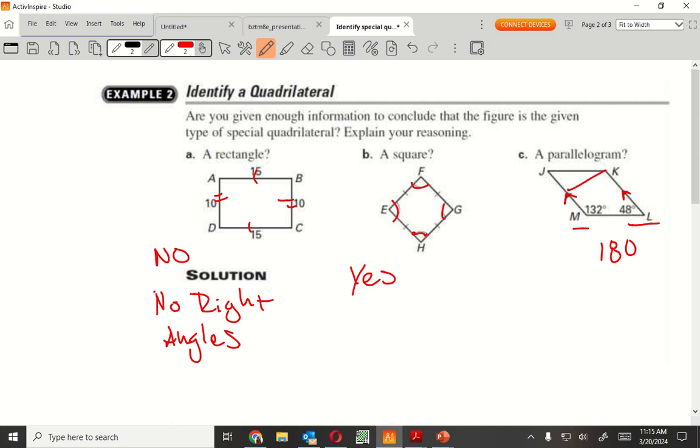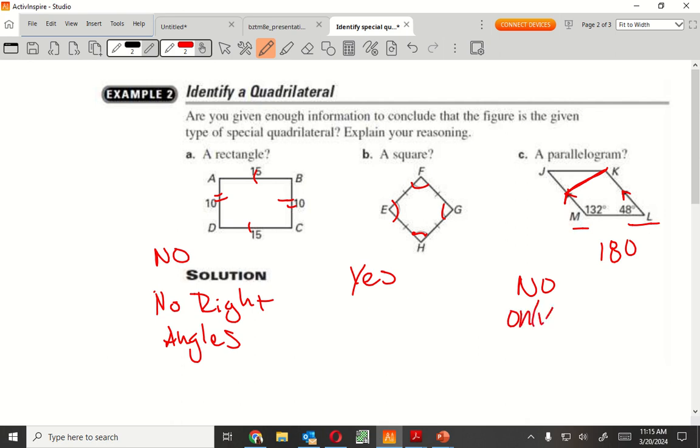It wouldn't change my 132 or my 48. It just goes this way instead. So, is there enough information to call this a parallelogram? No, there's not enough information. All I know is I have one set of parallel lines. So, no.